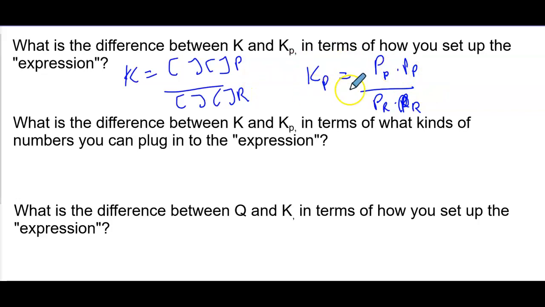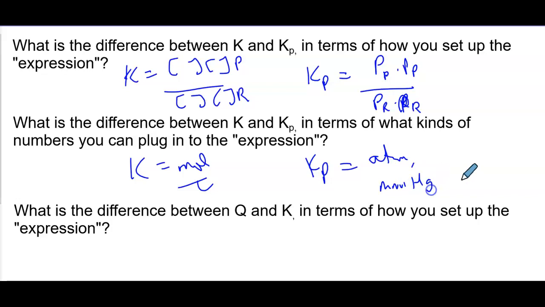This should not feel new to you. We've been doing this for quite a while now. So this asks about the numbers. For K, we're plugging in moles over liters. For Kp, we might plug in atm, millimeters of mercury, torr, kPa.